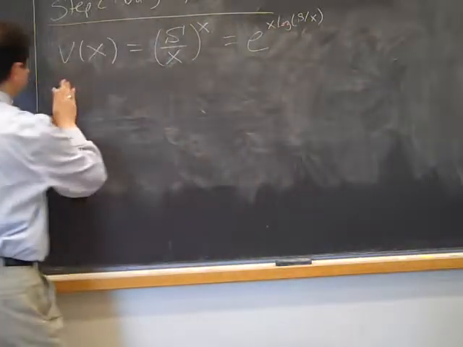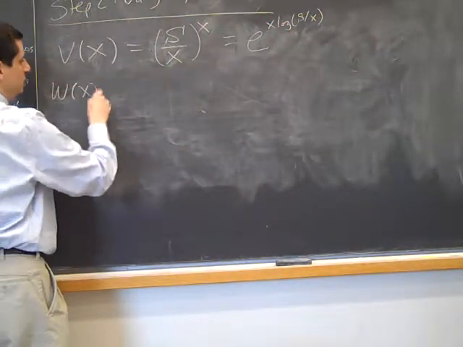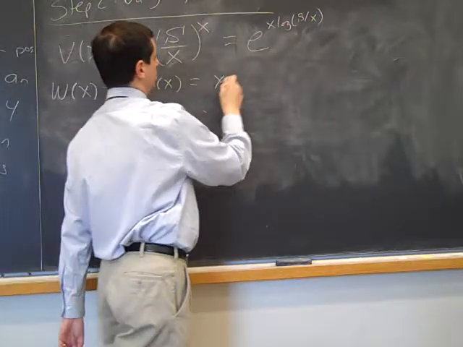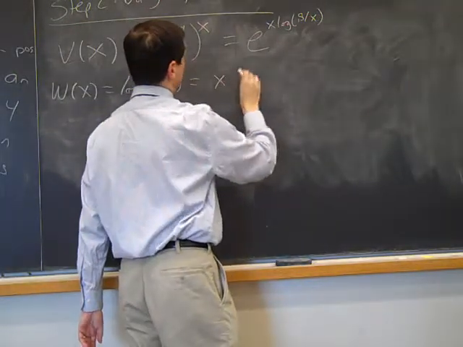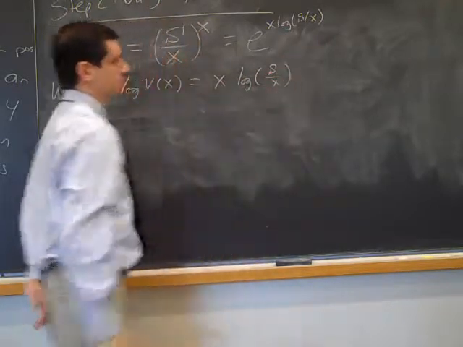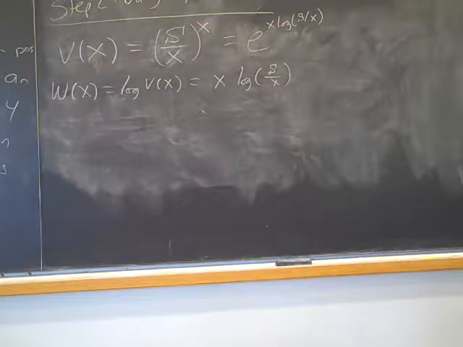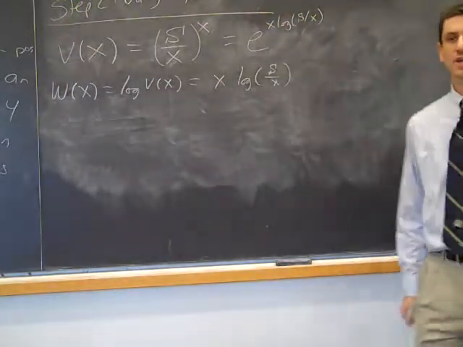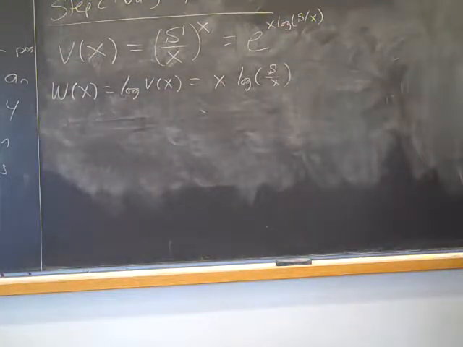Or I could let w of x be the log of v of x, which is going to be x log of s over x. Doesn't really matter which one you do. Both of them are good techniques. I'm going to choose to do it this way because this will allow me to have some fun taking derivatives.